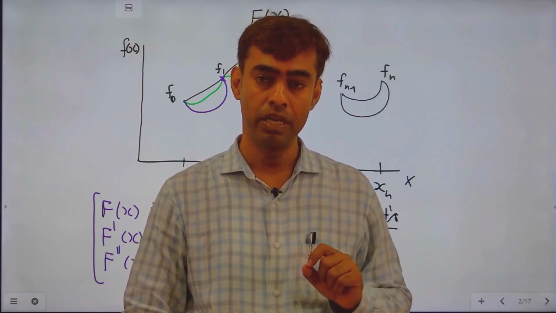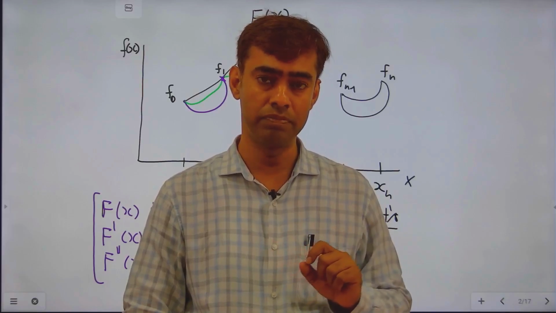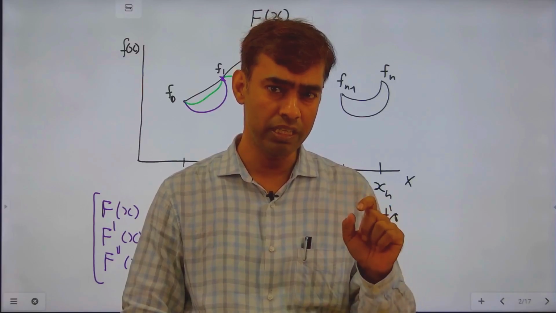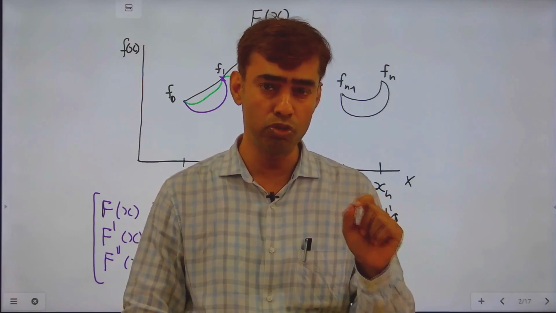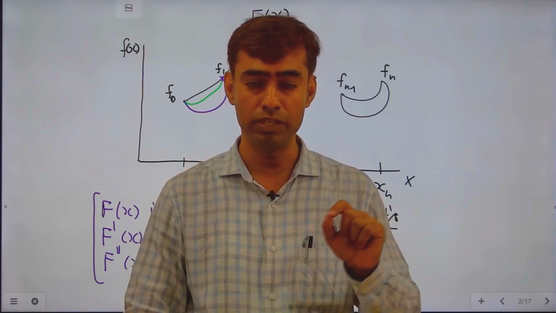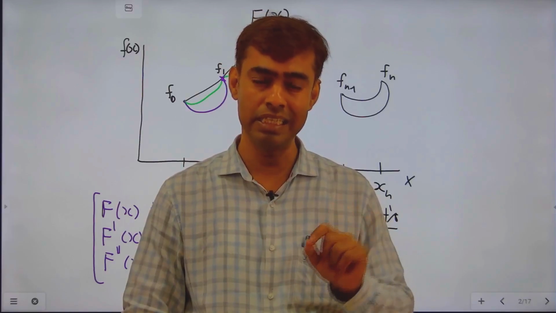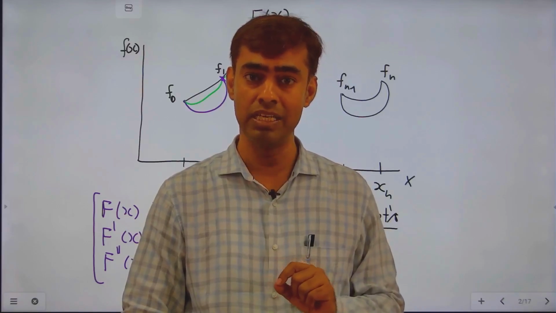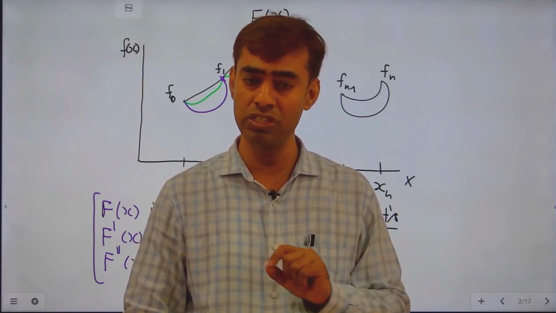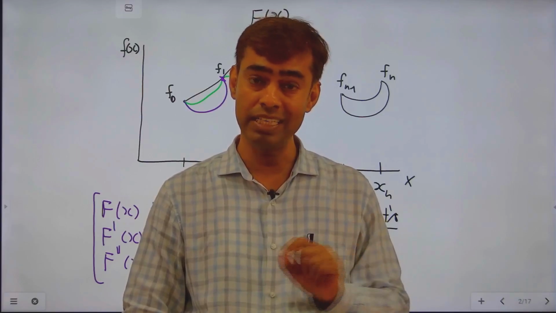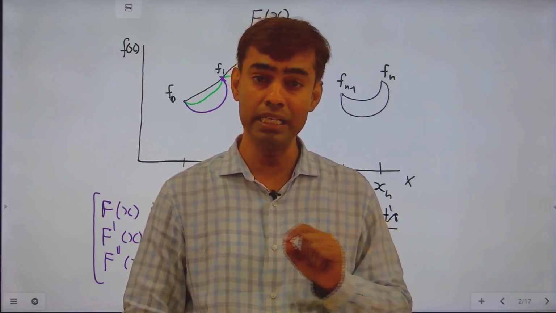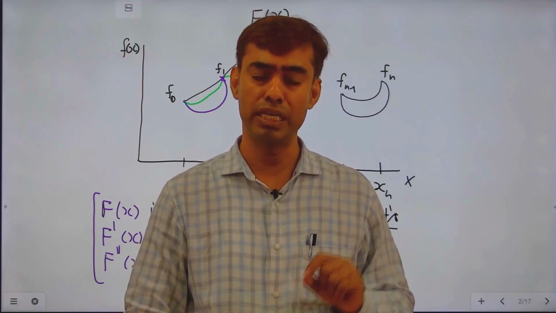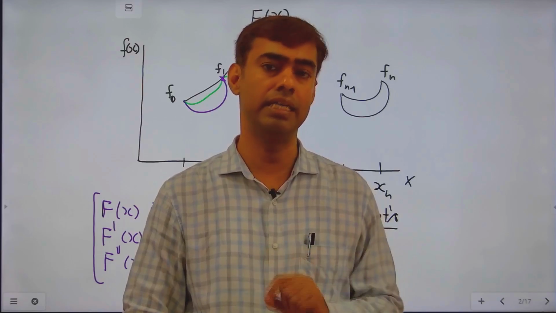And if we fit a cubic spline between f0 to f1, then there are three conditions to satisfy: f(x) is continuous at the nodes, and f'(x) as well as f''(x) are continuous at the internal nodes.